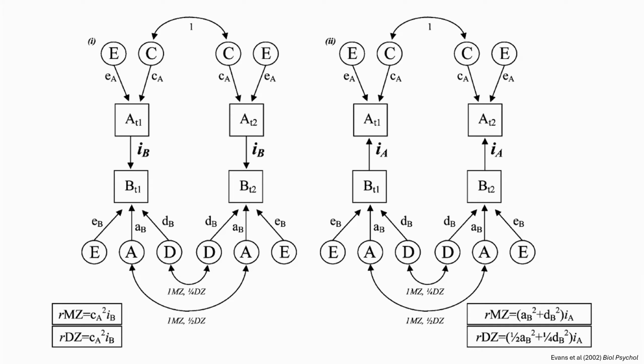Under the model where variable B causes variable A, the expected cross-twin cross-trait covariance differs between MZ and DZ twins. That's a long way of saying that the pattern of cross-twin cross-trait covariances provides information as to the direction of causation between variables A and B. And so that is where the information is coming from to distinguish between the different models.